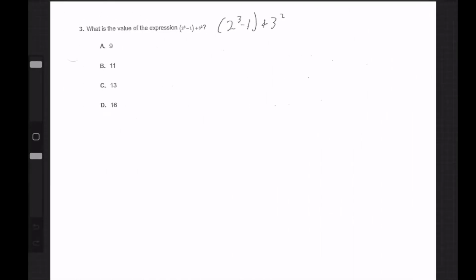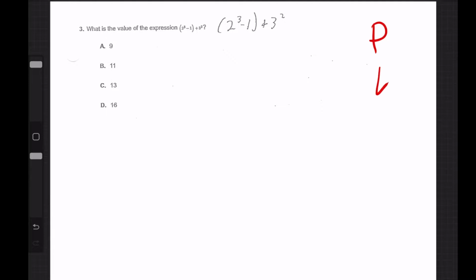Number 3 says, what is the value of the expression 2 raised to the third power minus 1 in parentheses plus 3 raised to the second power? Okay, so here we have an algebraic expression, and we're going to need to use the order of operations. In the order of operations, we're going to work with the acronym PEMDAS.